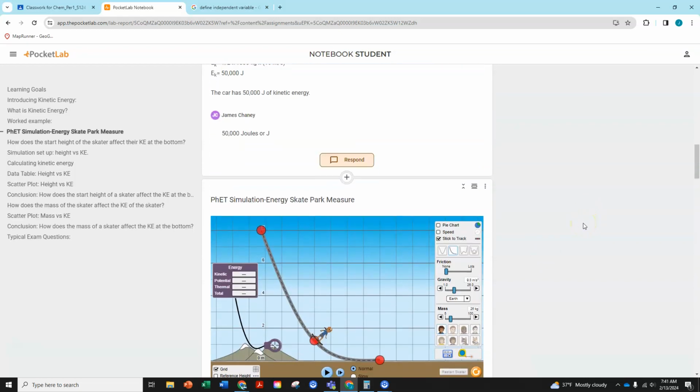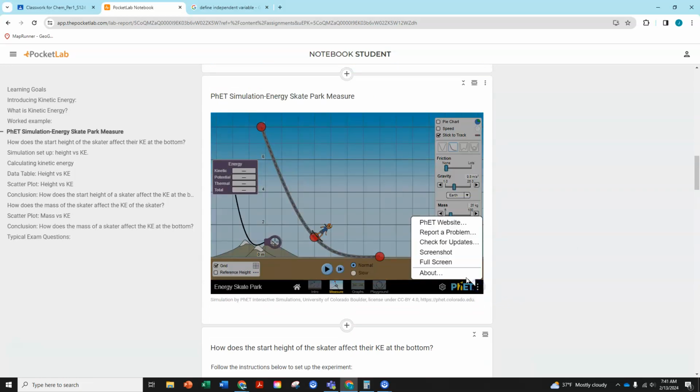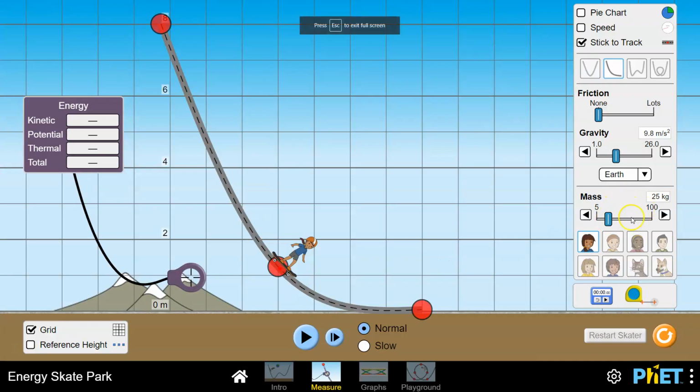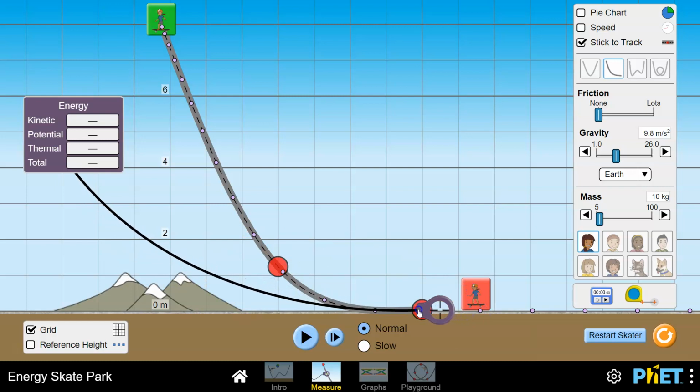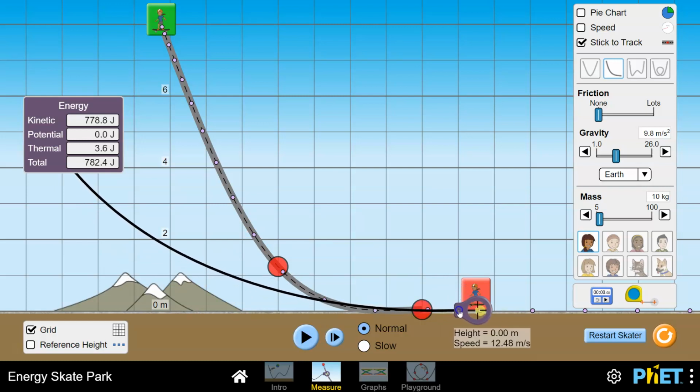So we're going to go back up, and we are going to start with 10. And we'll put, let's just go 8 every time. So from the top. And we're going to use our measuring. We're going to go find the zero height, which is right there.